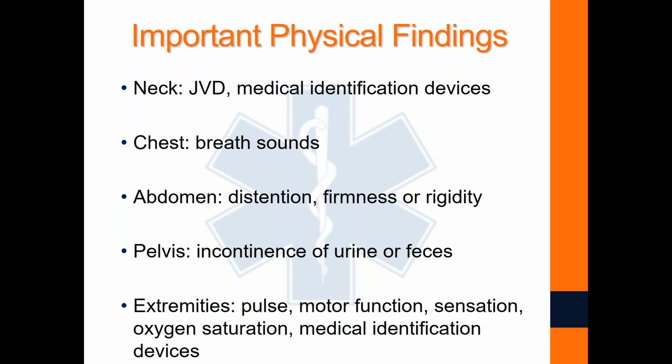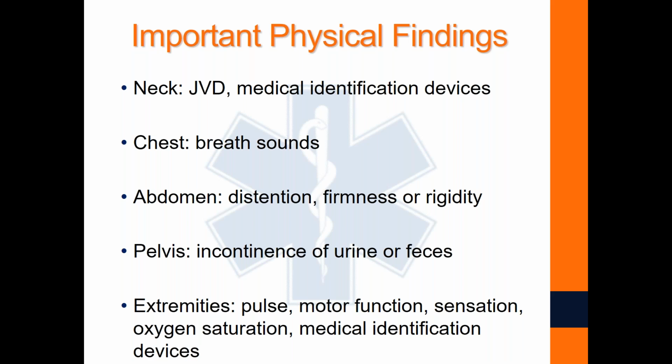So that's those big engorged veins on the side of the neck. We're going to look for any medic ID necklaces or anything like that. When we assess their chest, we're going to listen closely to their breath sounds. That could point us in a direction of some form of respiratory cause of their unresponsiveness.